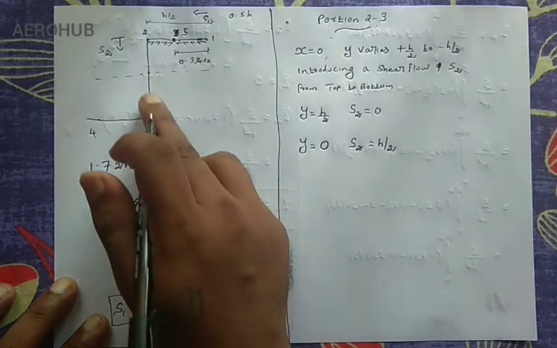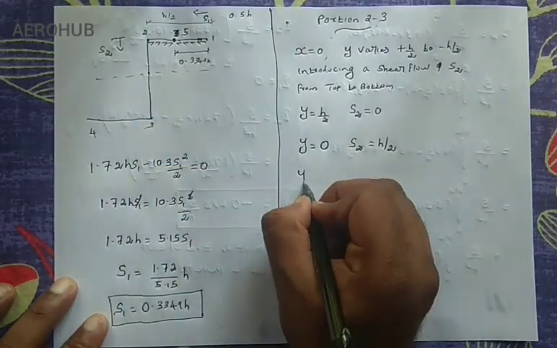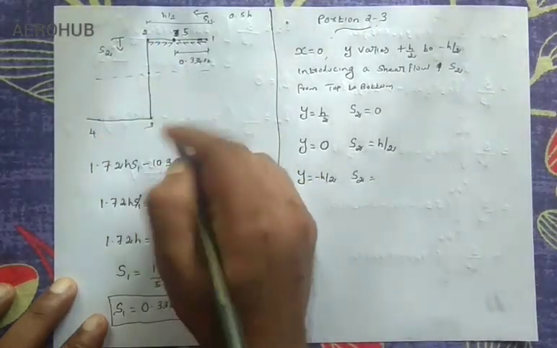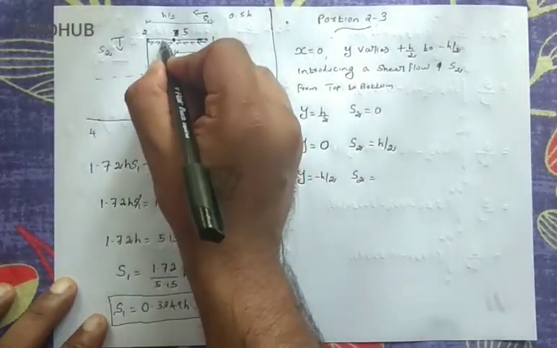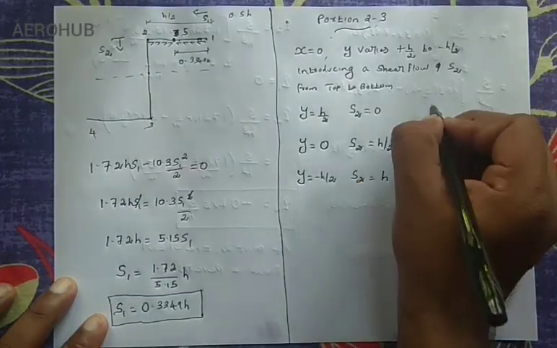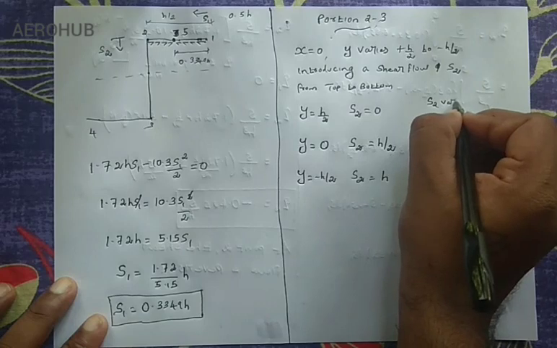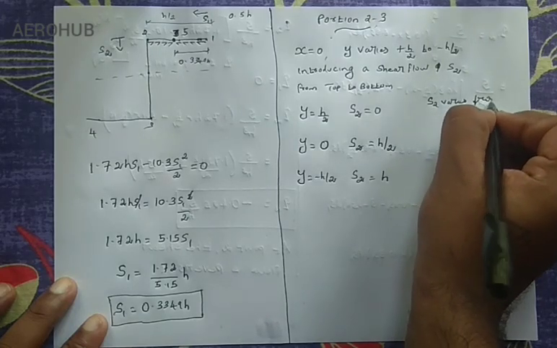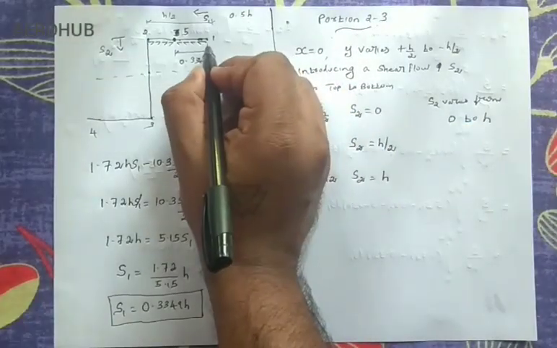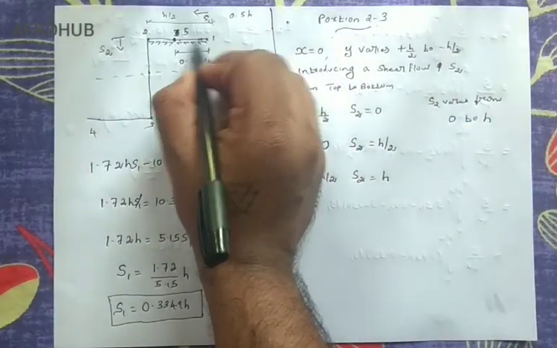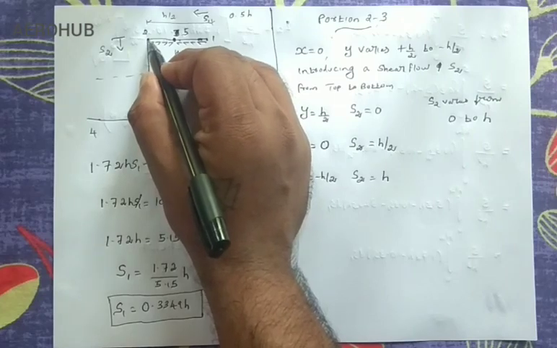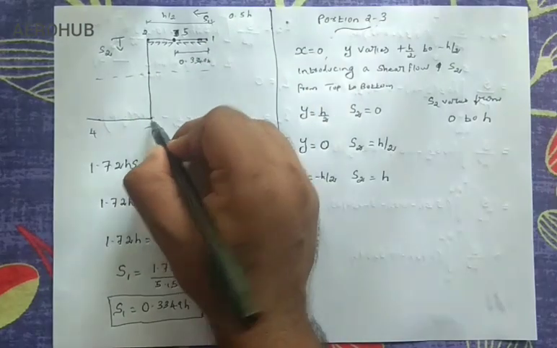And the total distance at Y equal to minus H by 2, S2 will be the total height of the web, that is H. You have to understand, in the first case S2 varies from 0 to H by 2, the total distance. In the second case, for portion 2, 3, S2 varies from 0 to H.